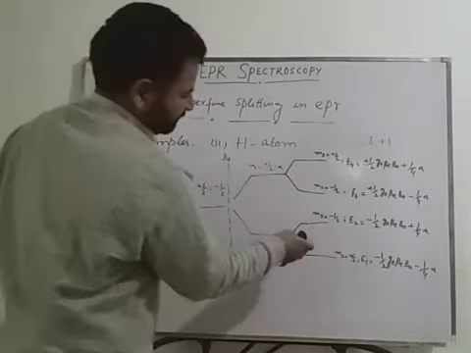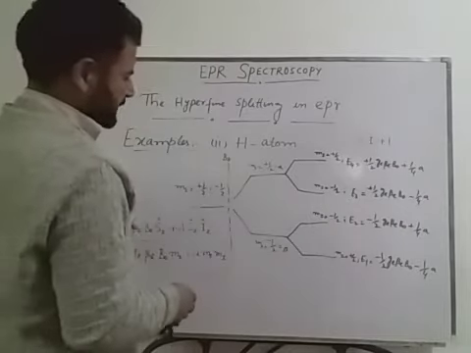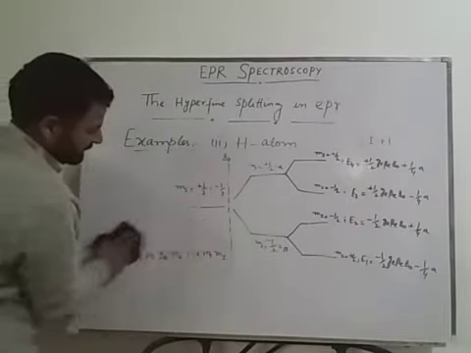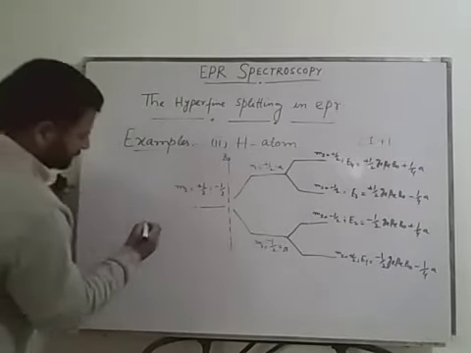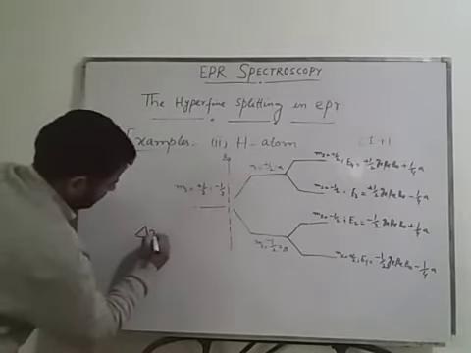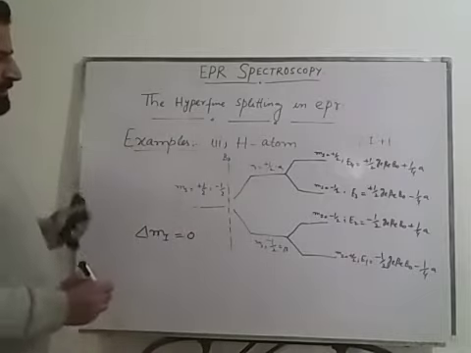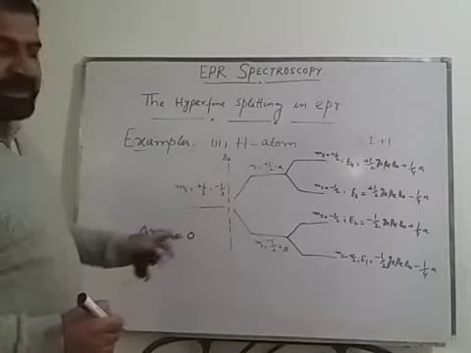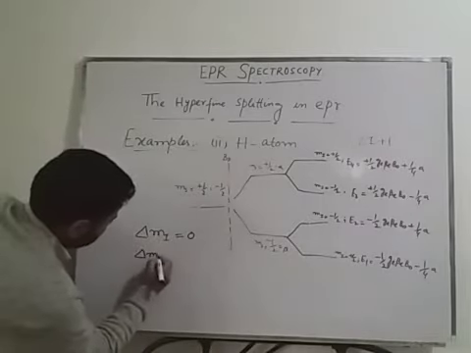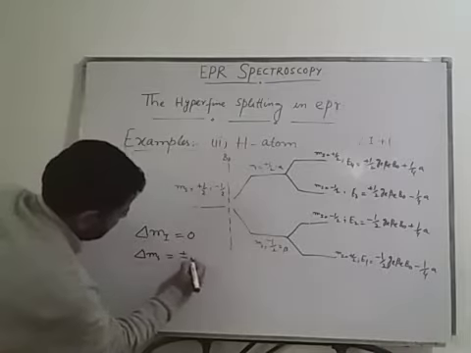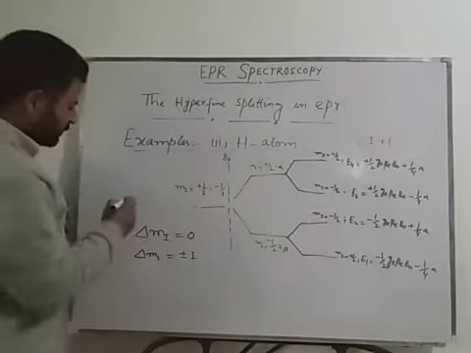The selection rule is like this: delta Mi should be equal to 0. That means there should be no change in Mi on the transition, and delta Ms should be equal to plus or minus 1. So this is the selection rule.